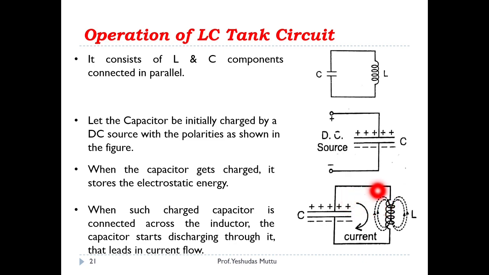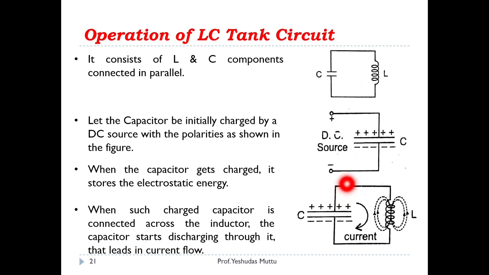When the capacitor discharges, current starts flowing from the positive side to the negative side. So what will happen over here is that this inductor is going to store the energy now. What was the energy stored in the capacitor? It was electrostatic energy. Capacitor always stores the energy in the form of electrostatic energy.